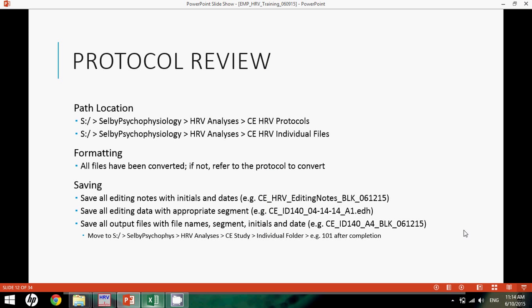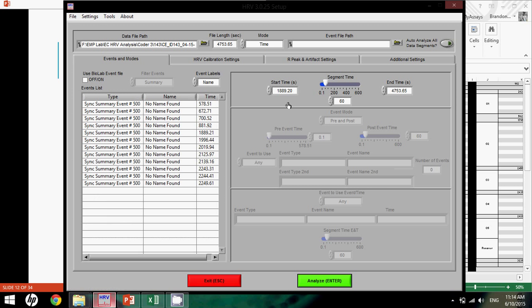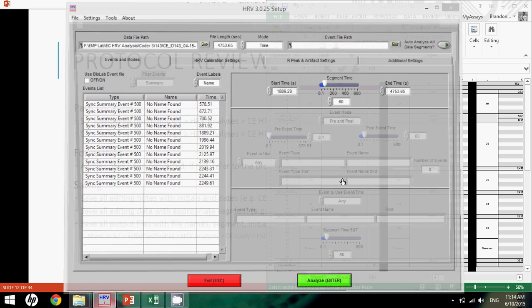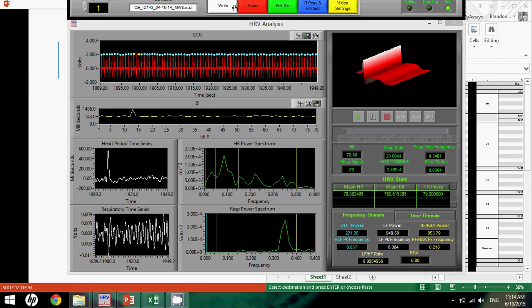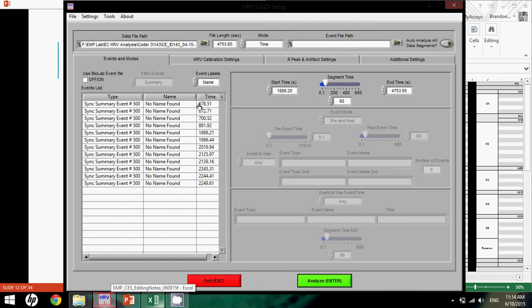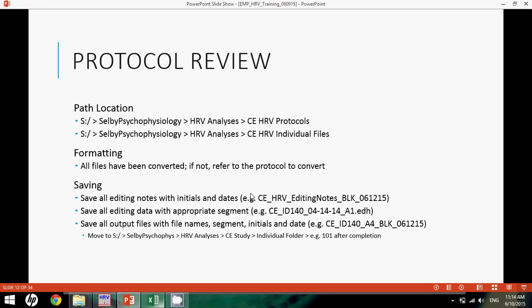Lastly, output files that you'll be outputting via the program. When you go in and actually output your files, this will be done by clicking Write, and this will correspond to an Excel sheet. When you click Done, that information will automatically save and automatically go into your individual folder.